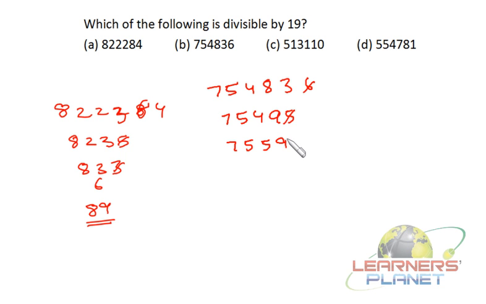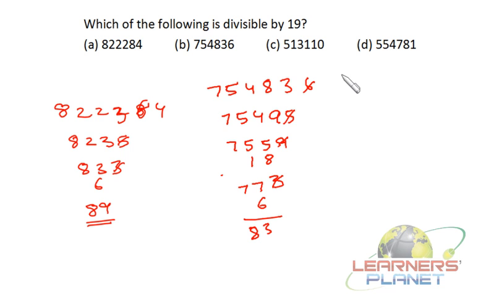Then 9 twos are 18. I'm getting 773. Then 3 twos are 6. I'm getting 77 plus 6 is 83. So further, 83 is not a multiple of 19. That means 754836 even is not a multiple of 19.